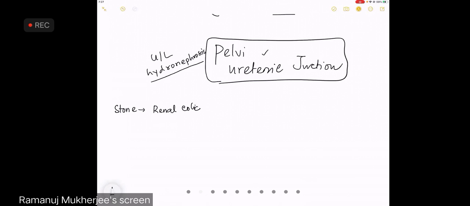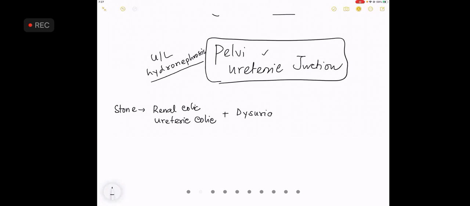So the patient is required to present with renal colic or ureteric colic plus dysuria plus rarely hematuria. Less common. I will not say rare. Stone with hematuria is less common.